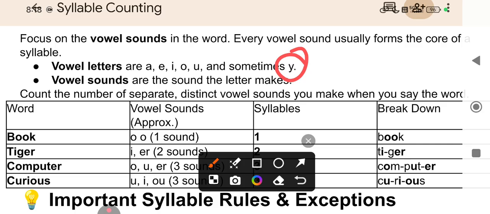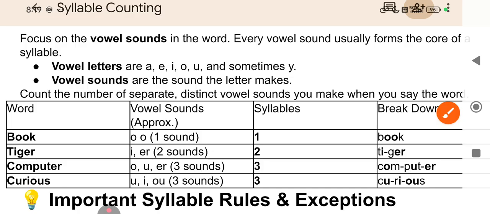Vowel sounds are the sounds the letters make. You know that all vowel sounds are open sounds. Why? Because these are the sounds where our mouth does not close. Our mouth is open, and that is why vowels are different from consonants.